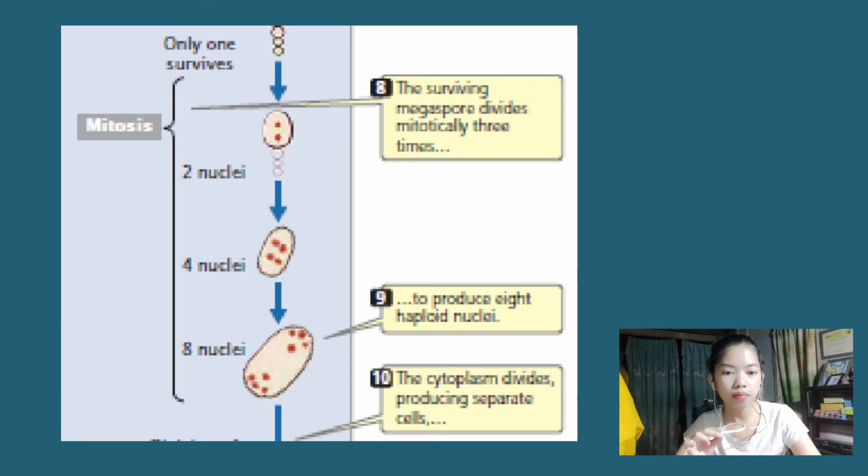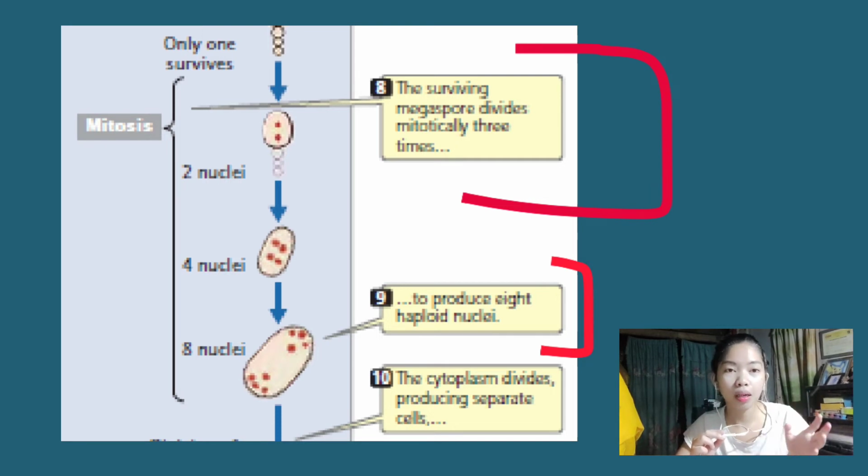The surviving megaspore divides mitotically 3 times to produce 8 haploid nuclei. The one megaspore, which will become the gametophyte, goes through 3 rounds of mitotic division, so 1 nucleus becomes 2, 2 becomes 4, and 4 becomes 8. Then something very interesting happens.